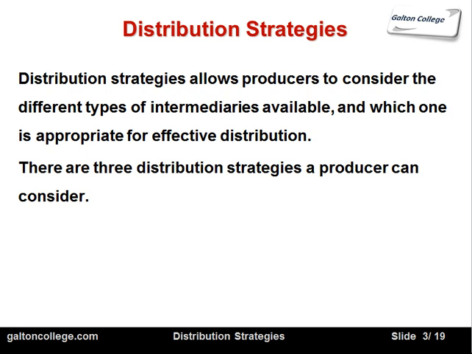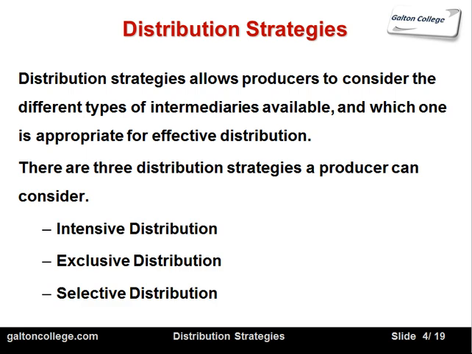things. And there are three possible strategies that a producer can consider. These are simply intensive distribution, exclusive distribution, and selective distribution. Now we're going to talk about these, and this will form the rest of this particular video.